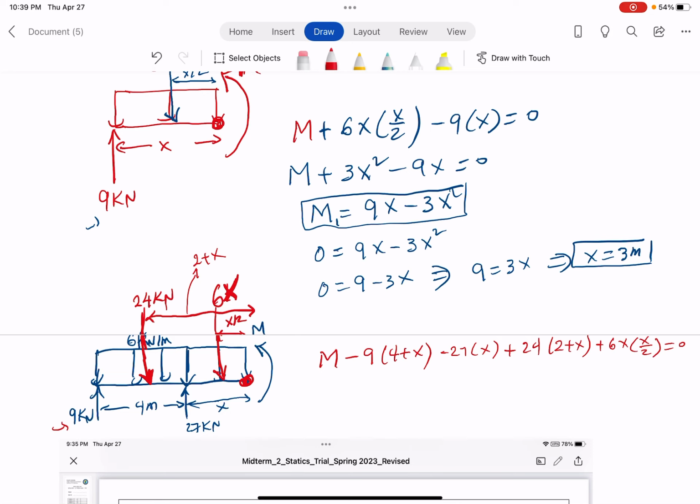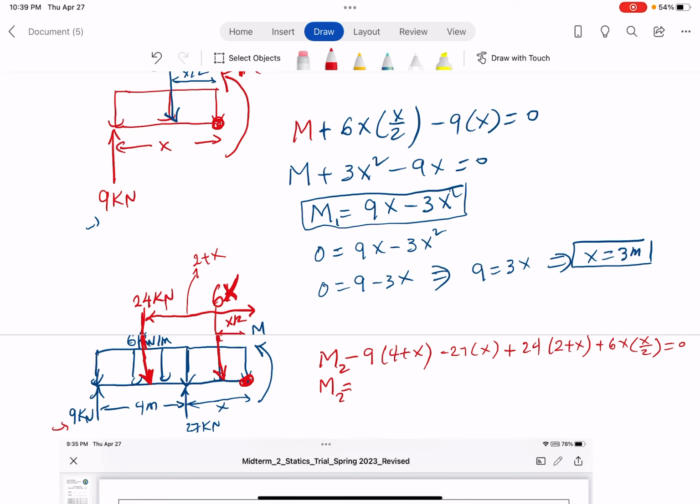Okay, good. So now we could find the equation. Moment, and let's call this one moment 2, moment of the second segment.